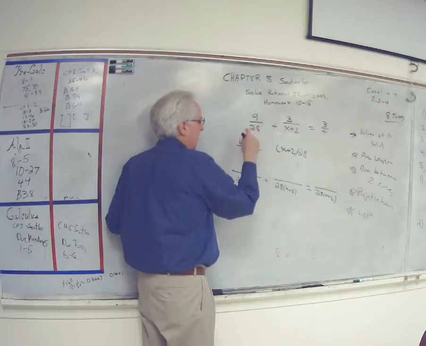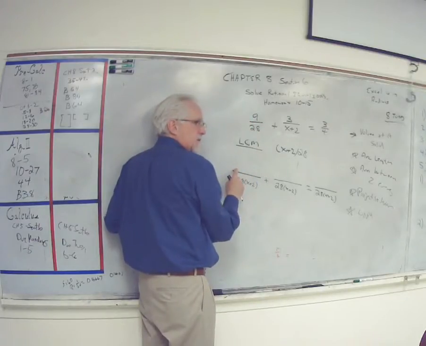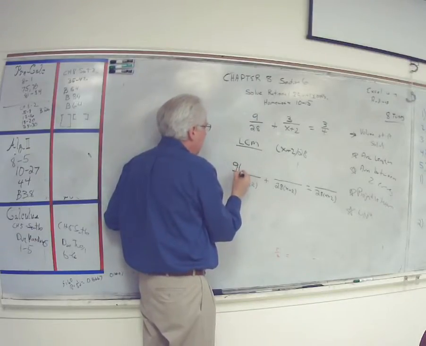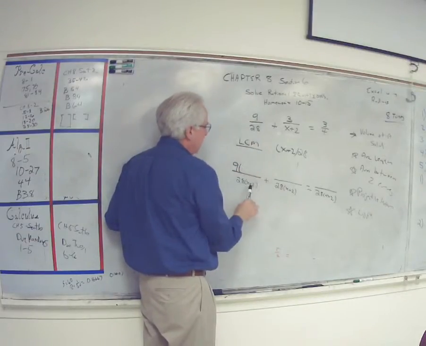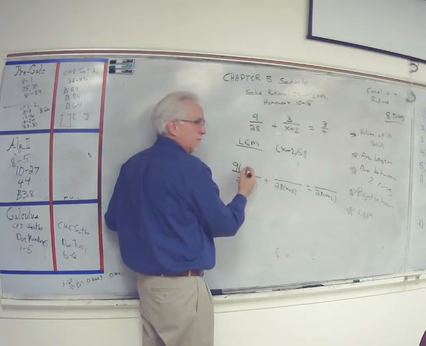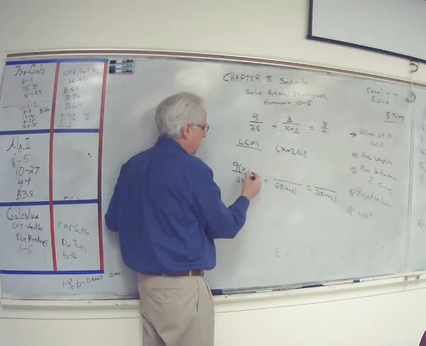So first of all, I started with what in this first term, Josie? A 9. Okay. But now, what did I multiply the denominator by? x plus 2. So what do I have to put in the numerator? 9x plus 18. Put the step in. I'm multiplying by x plus 2, right? Levi, do you see? Yes.